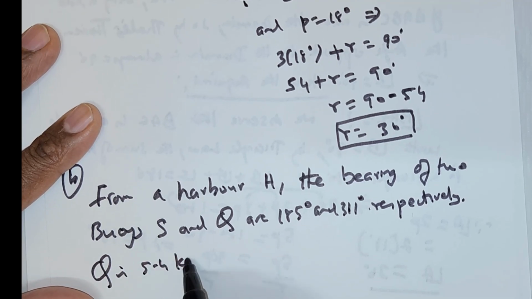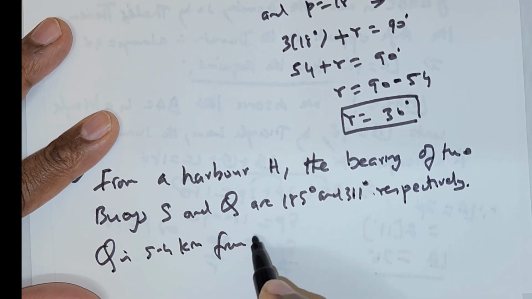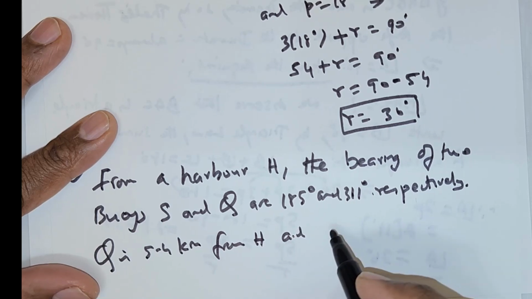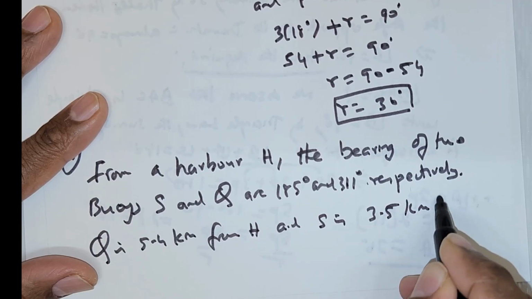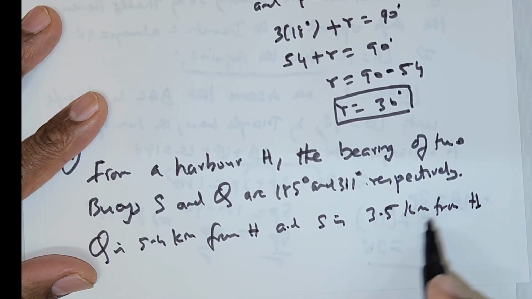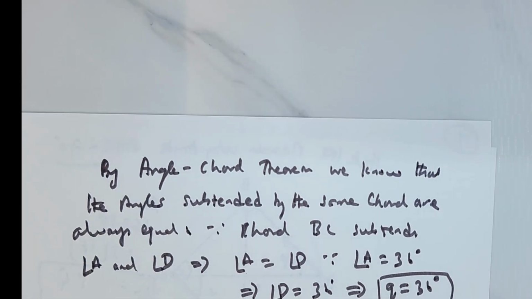Q is 5.4 km from H and S is 3.5 km from H. So we need the diagram.